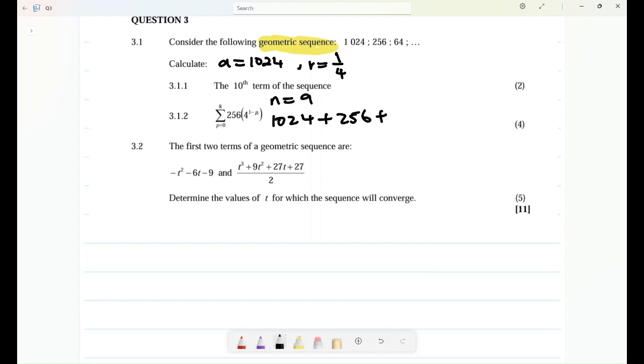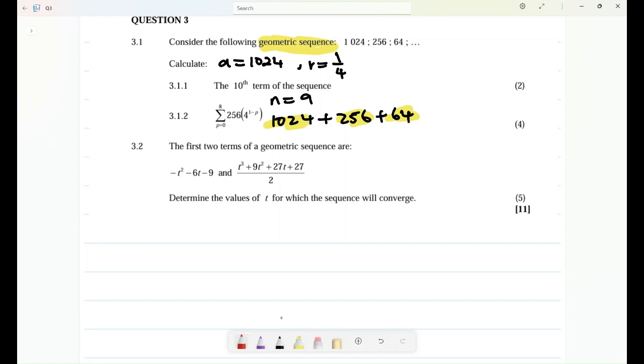If I put a 2 here, I get 64. So these are my first three terms. But now, can you see that this pattern is the same as that one? Yes, right? So you needed to do these first 3 terms so that you can see if it is the same. If it's not, then you have to find the value of A, the value of R.